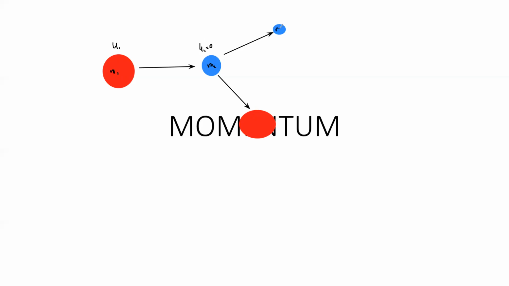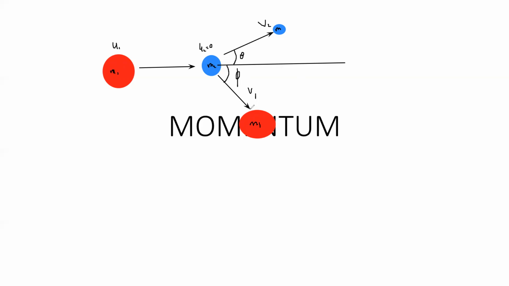When it changes direction, this one has velocity v2 and this one has v1. This one is making angle theta, and this one is making angle phi.